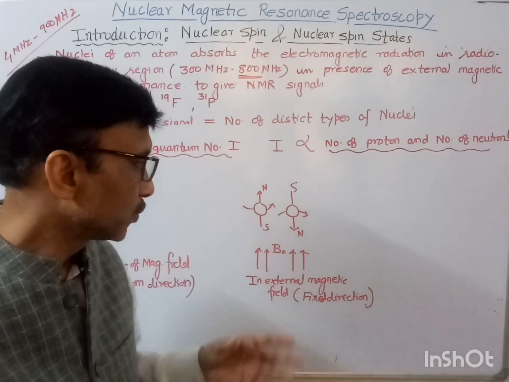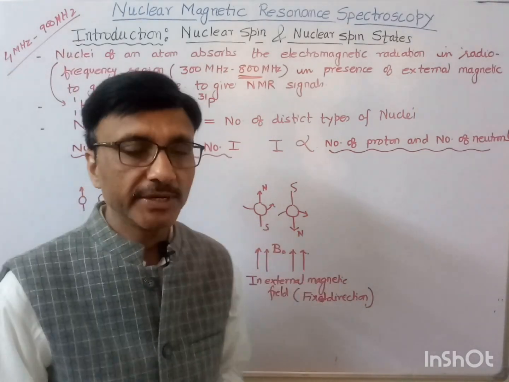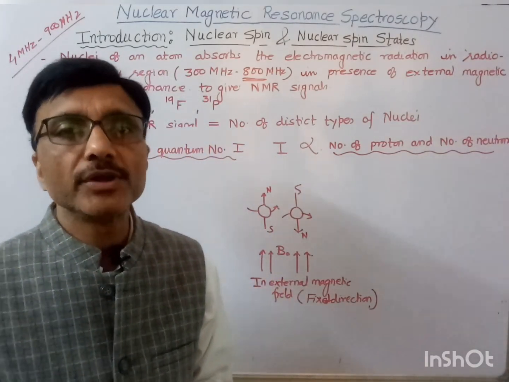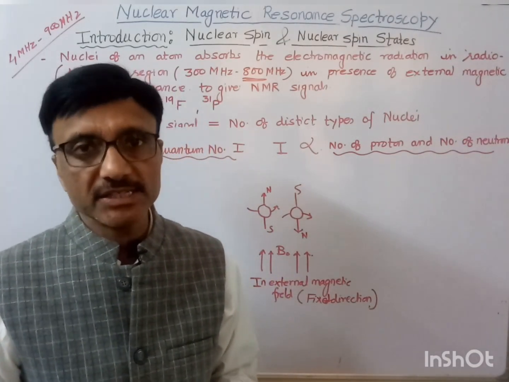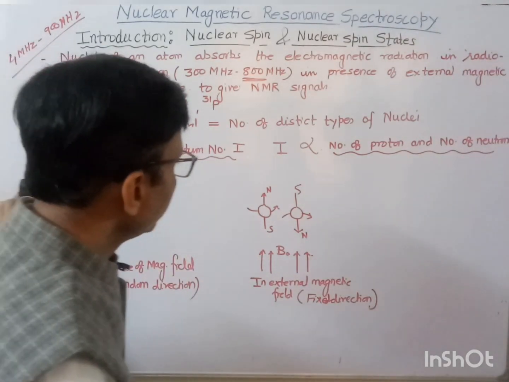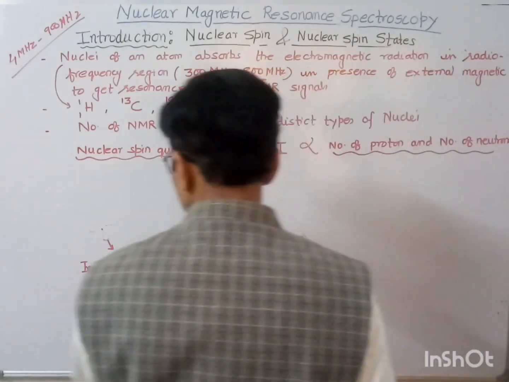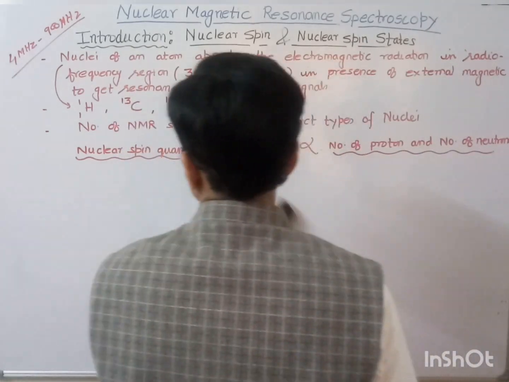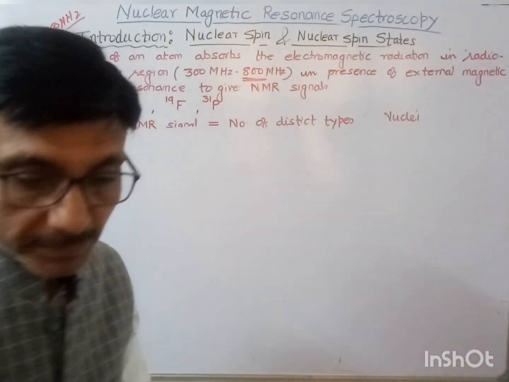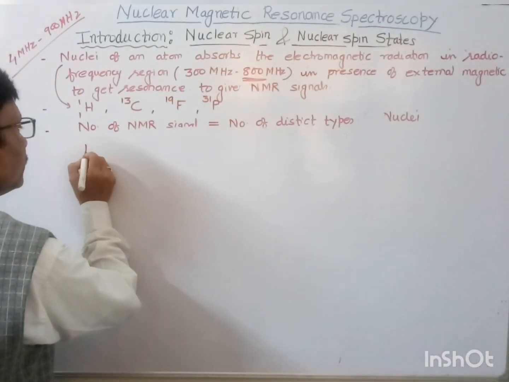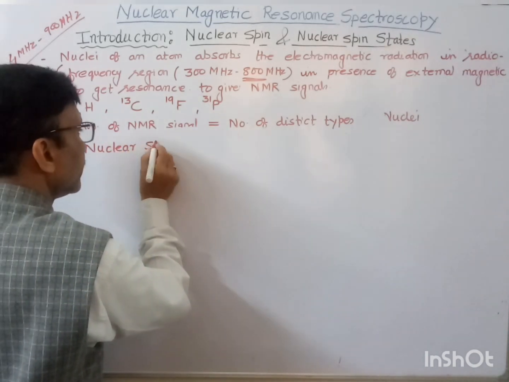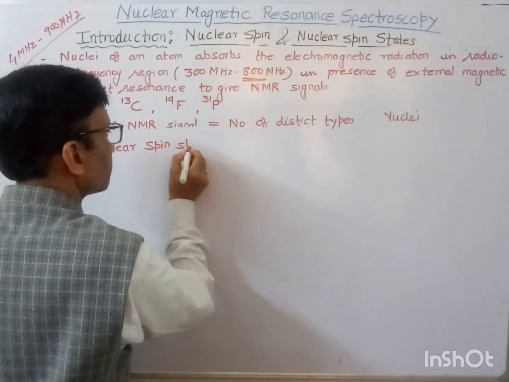We can have different orientations of nuclei, and we will see the possible orientations of nuclei in space, which we may also call the spin states of the nuclei, energy states of the nuclei, or the nuclear spin states. So now I will give you the idea about the nuclear spin states.